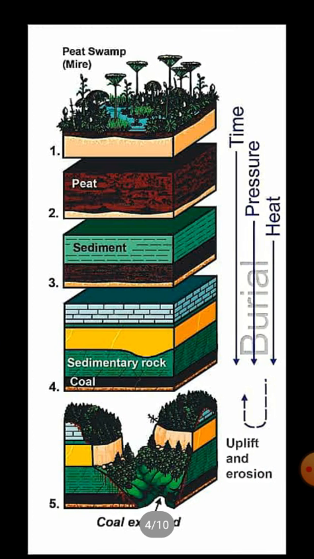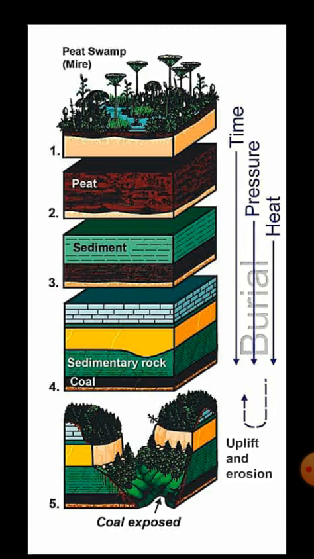Now let us understand how coal has been formed. About 300 years ago, Earth had dense forests. These dense forests were in low-lying wetland areas known as swamps. Due to natural processes like flooding or earthquake, these forests got buried under the soil.